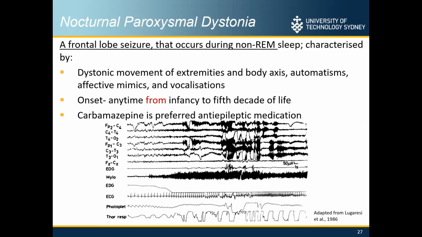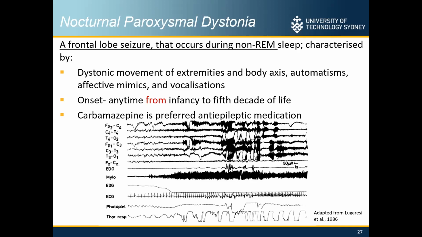All right. So the next bit is looking at the onset of nocturnal paroxysmal dystonia. This is associated with the onset of a frontal lobe seizure that occurs during non-REM sleep, which is characterized by dystonic movement of extremities, axial movements, automatisms, affective mimics, and vocalizations as well.